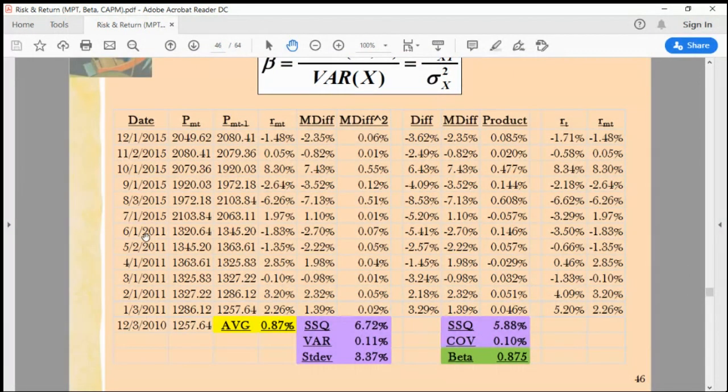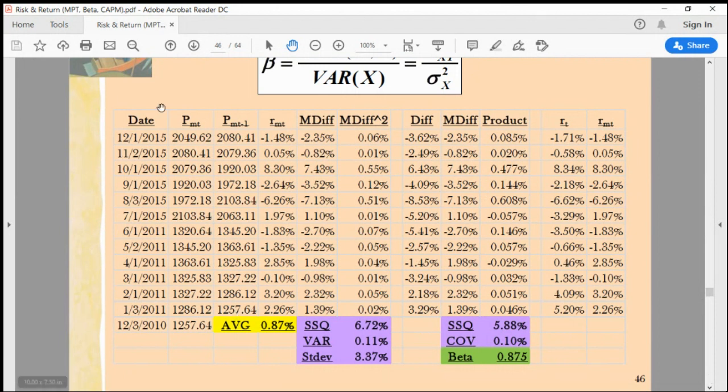Of course there's no way you can put 60 months of 5-year monthly data, 60 data points, in a slide, right? So I truncated in the middle, so you see the missing values. Missing values are from July of 2011 all the way to June of 2015. It's only visible in Excel.